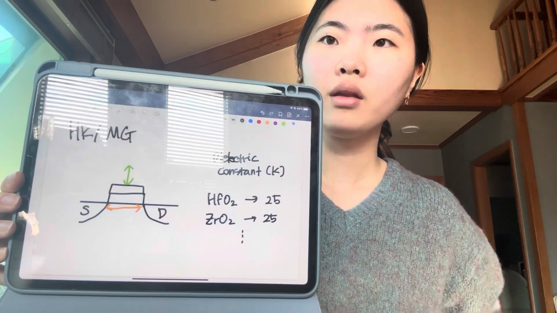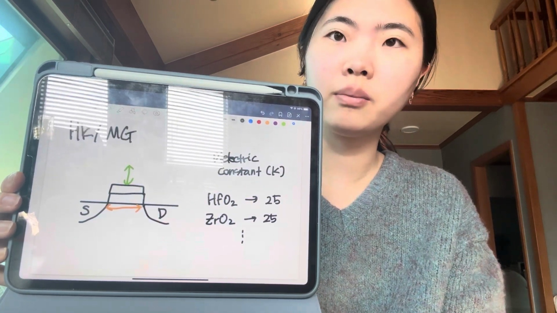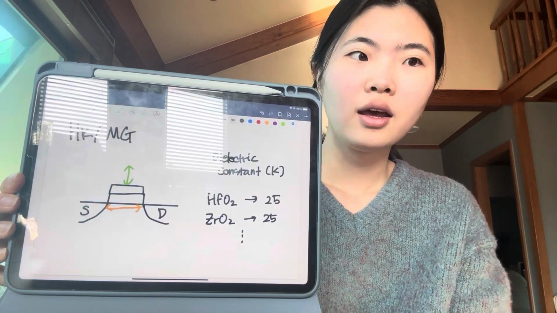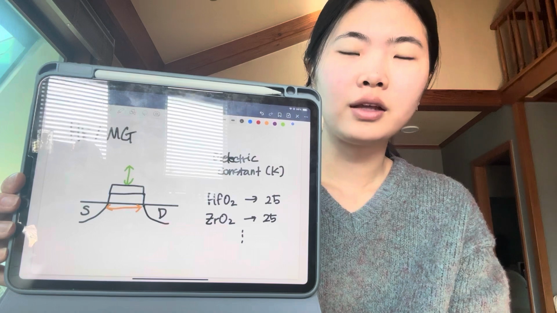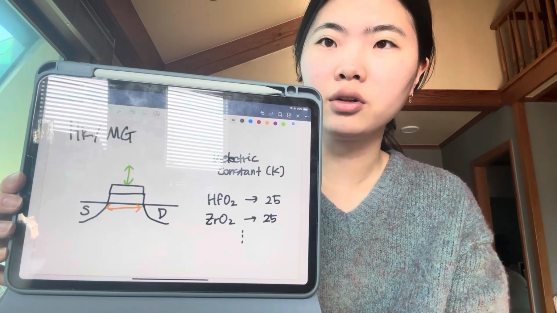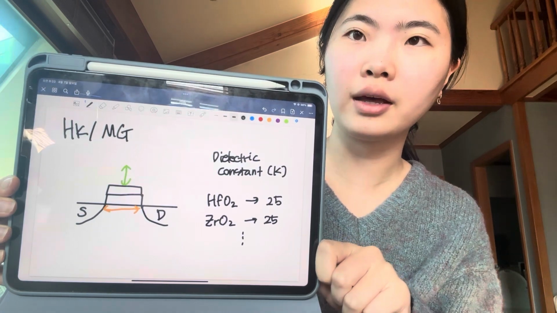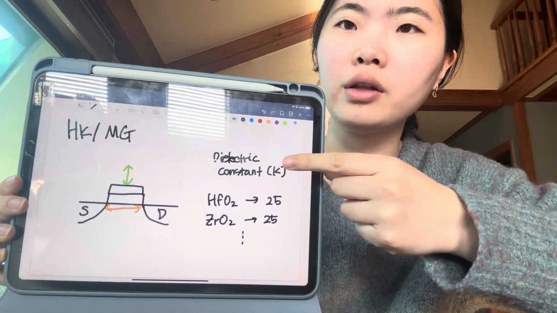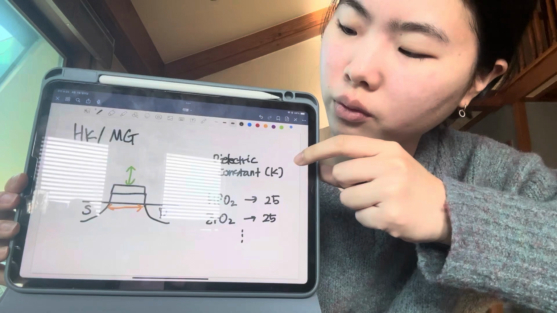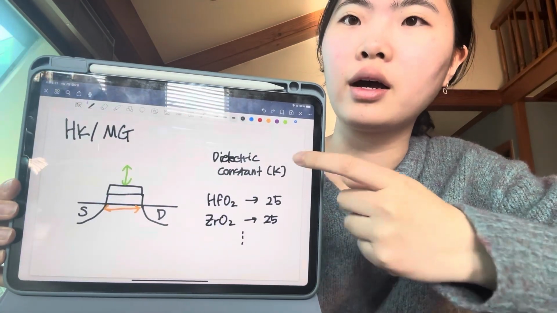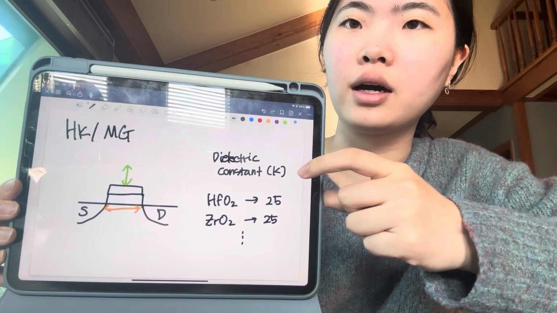So we should find materials that couple to the gate very well. Engineers found a solution: high-K, where the dielectric constant is very high.